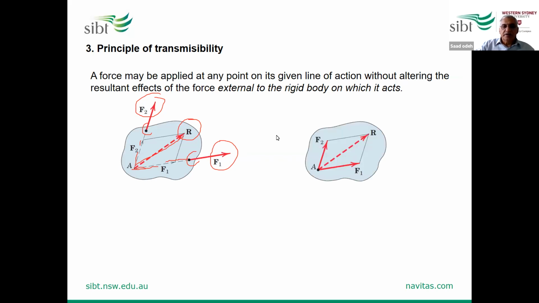So we can transfer this figure to this figure, and by this we can complete the drawing. We can draw a parallel diagram so that we can solve for the unknown forces of this force system.